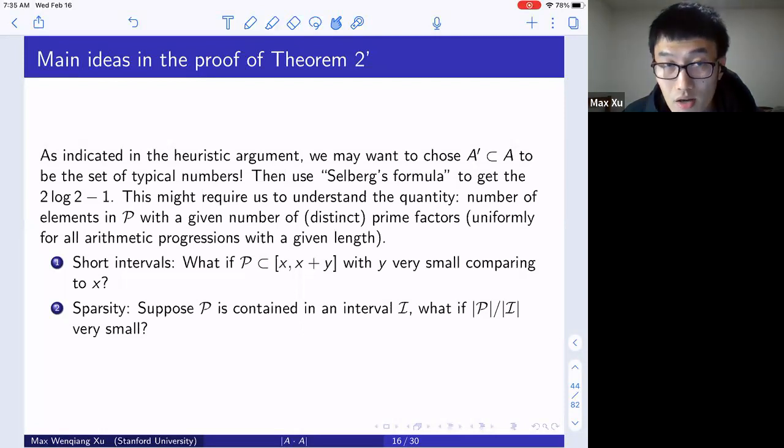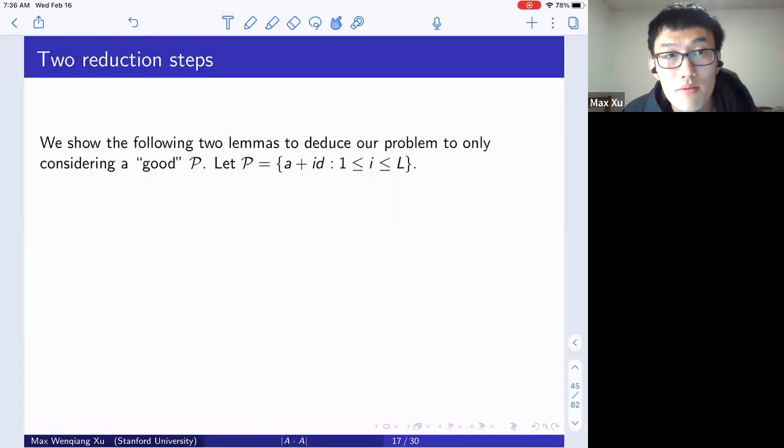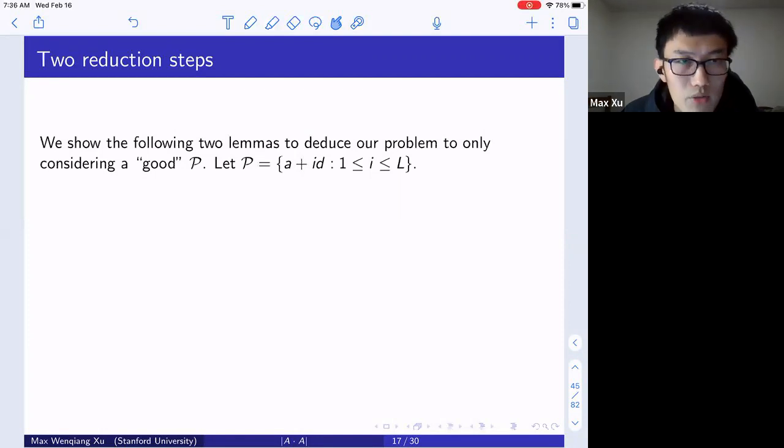Then the distribution of the quantity you want to understand probably also behaves very irregularly, and we certainly don't know how to control that. But it turns out these two problems are not really problems. They can be avoided fairly easily by some reduction steps. We don't really need to understand it.